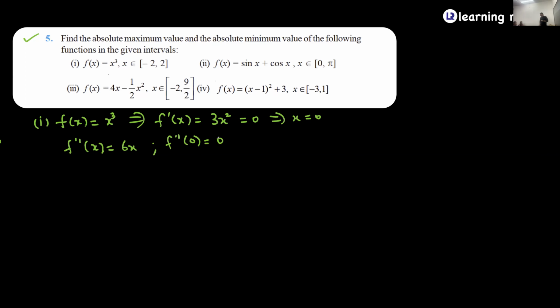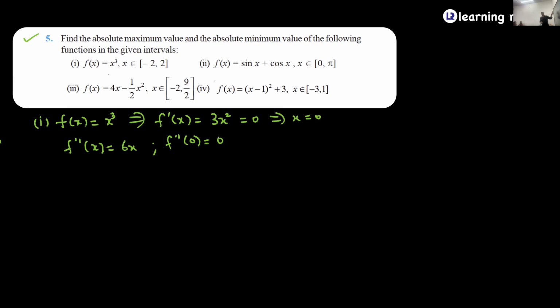But the question is, is there a possibility of absolute maximum and absolute minimum for this problem? The answer is yes. Because though 0 is there, when you draw this function, you're going to draw it only between -2 and 2, where -2 and 2 are included.